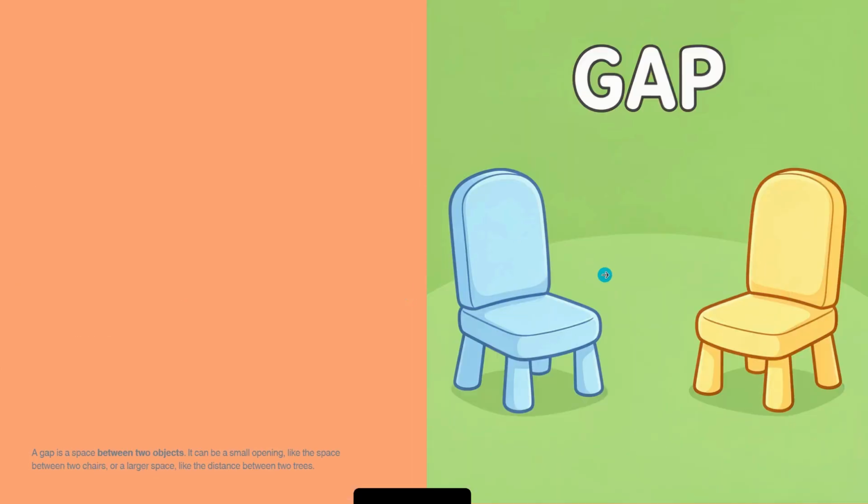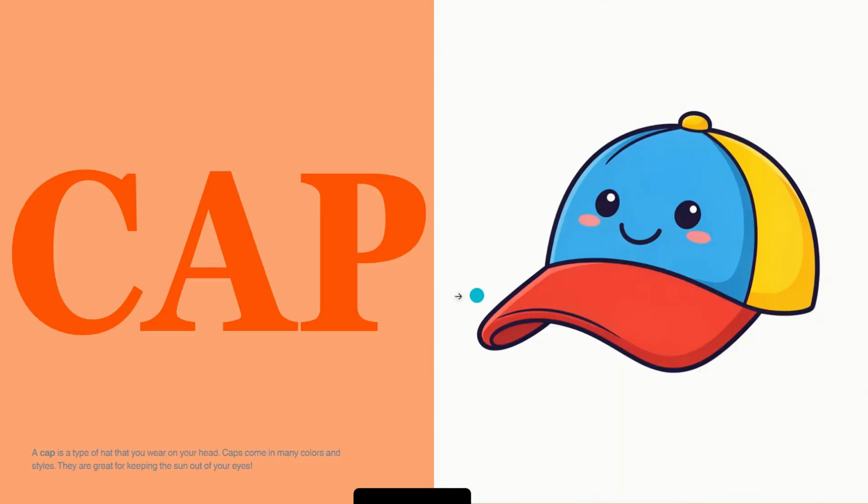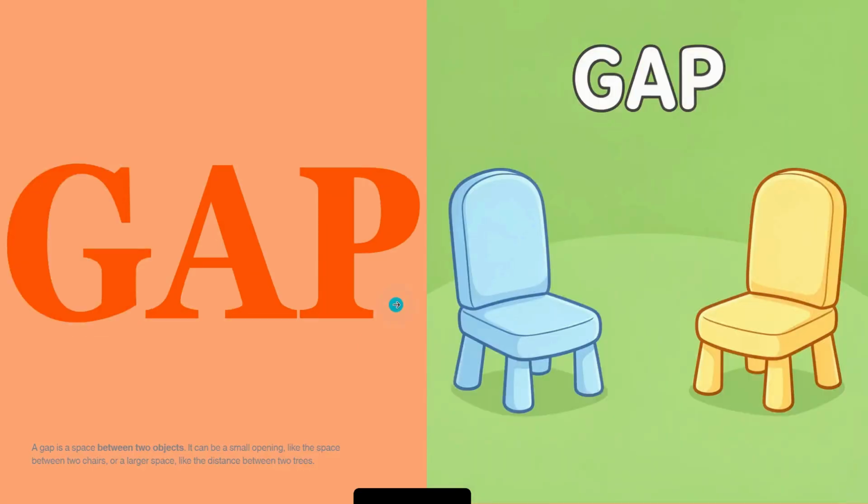Now, this one is a gap. So letter G sounds g, g, a. So g, a. So the word is gap.